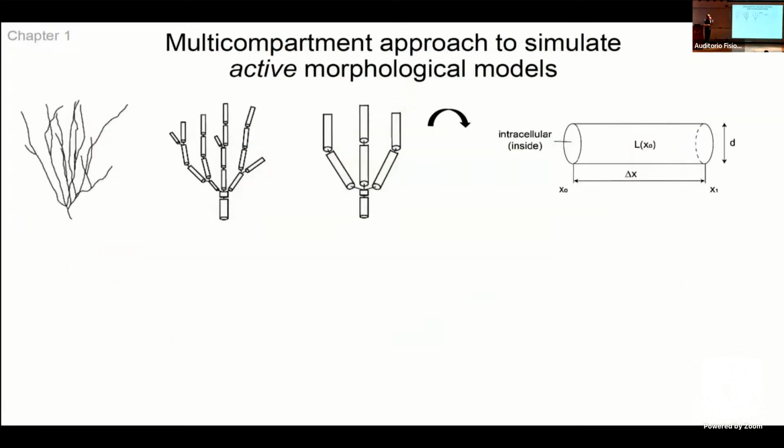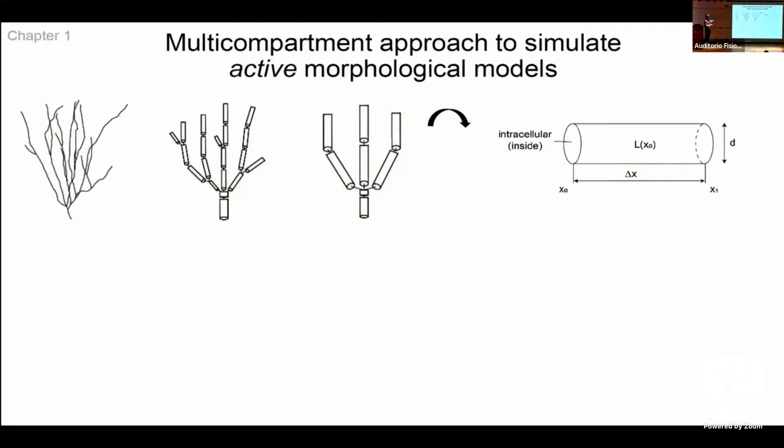So first, before coming to the results of these simulations, I want to give a bit of background on what type of modeling we do, and it's in general called multi-compartmental modeling. You can see this granule cell here on the left. This is a reconstructed cell from mouse data.